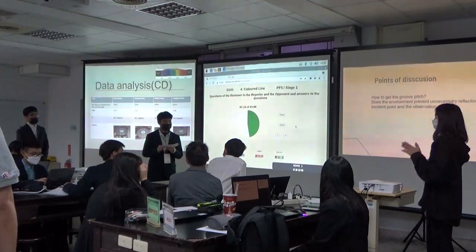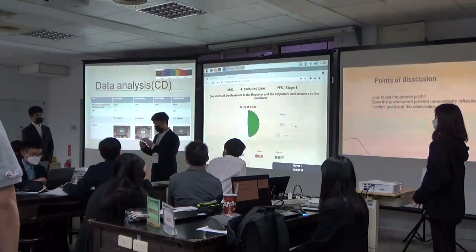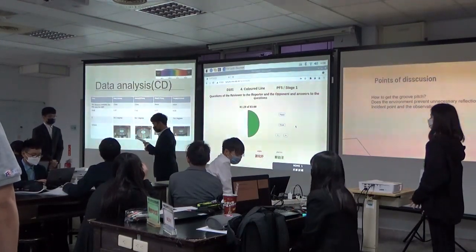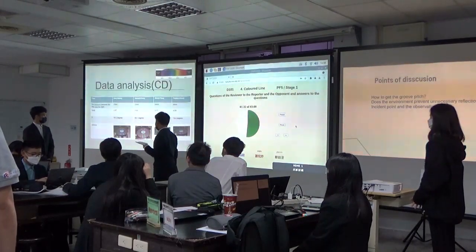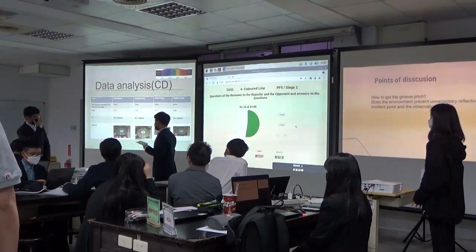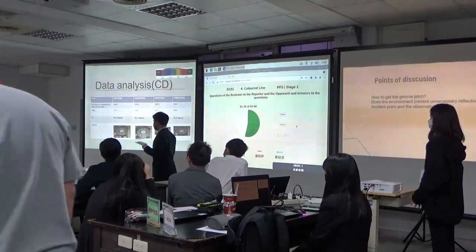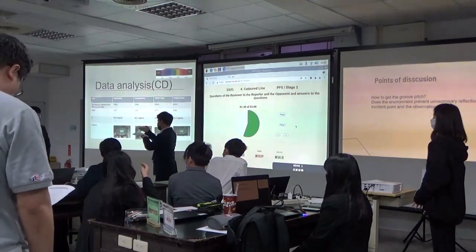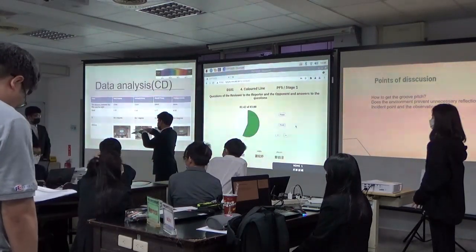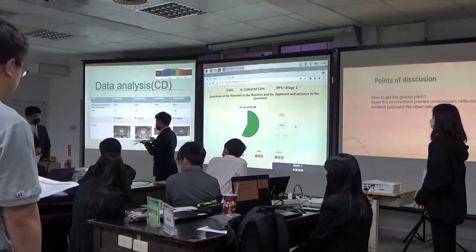So we divided the green line. Okay. Reply. How do you measure your CD's incline angle? Incline angle. Yes. Incident angle. Your angle to this incline angle.